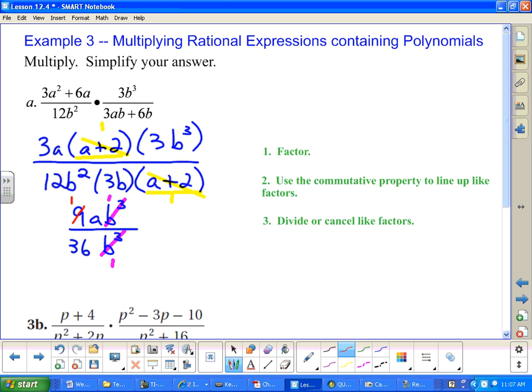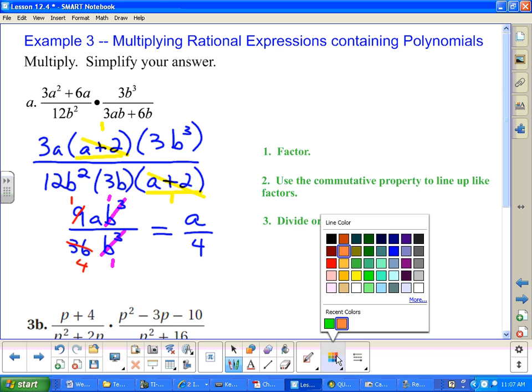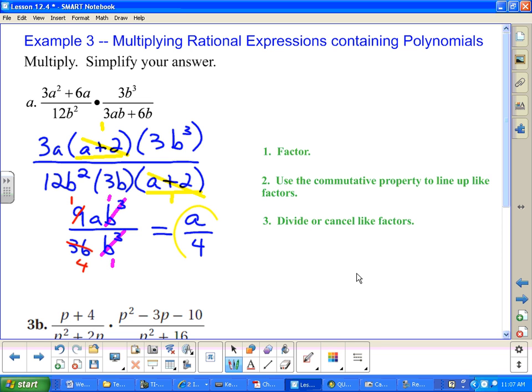So that's a 1, and here's a 4. So what do I have left? In the numerator, we have a. In the denominator, we have 4. Okay. So a over 4 would be our answer. Amazing. Take all that, and it simplifies to that.